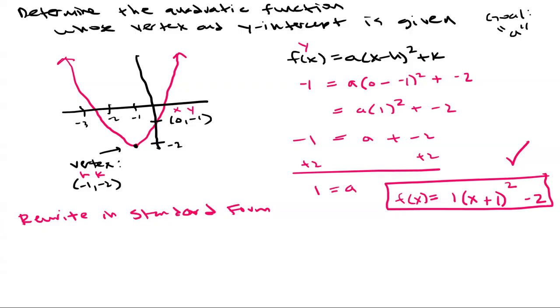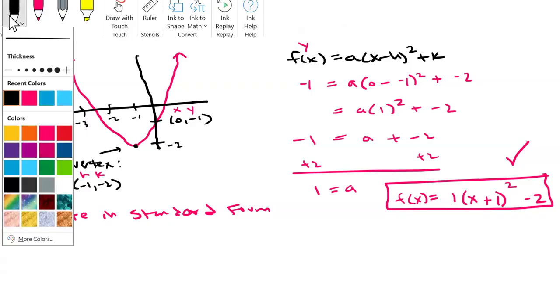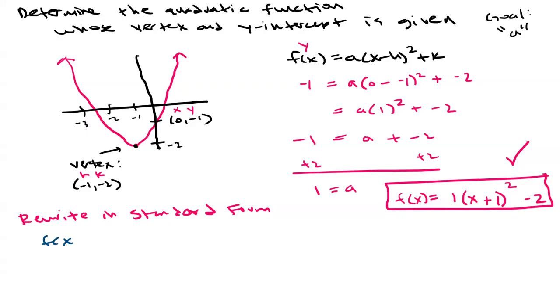So we have f of x equals (x plus 1) squared minus 2. Let me write that here. And then (x plus 1) squared minus 2, we just expand that. So (x plus 1) times (x plus 1) minus 2. Then we just FOIL this out.